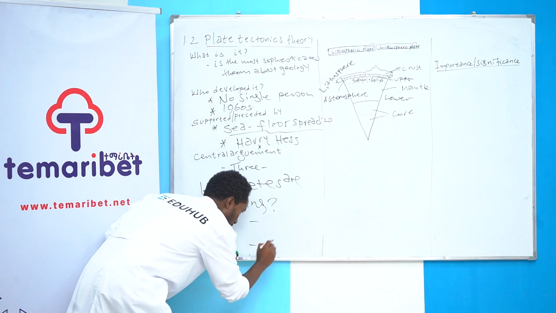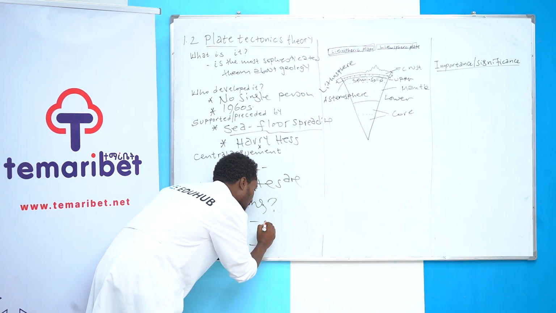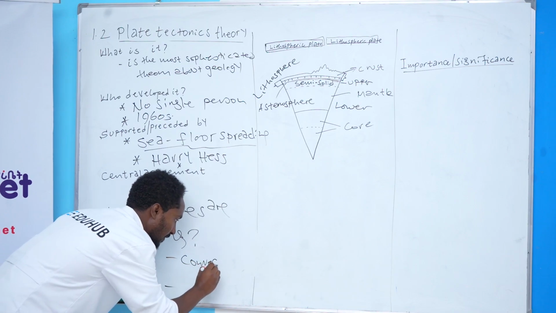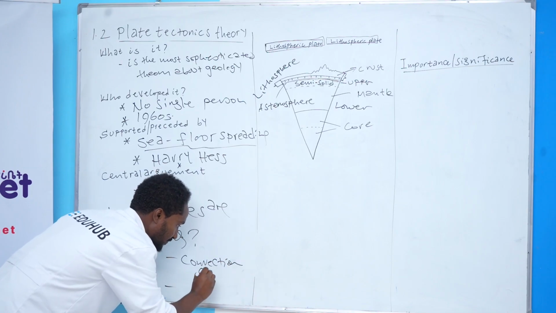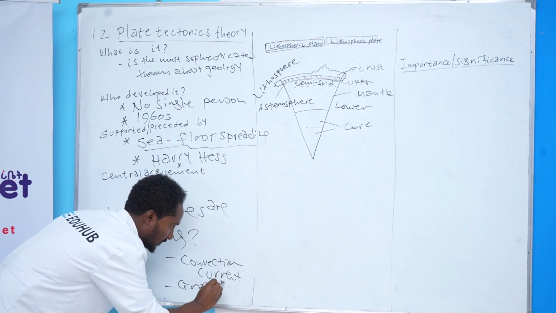That is ሁለት ነገሮች ብቻ እንጨርሳለን። ሁለት ነገሮች ብቻ። The first one is convection current. And the second one is gravity.